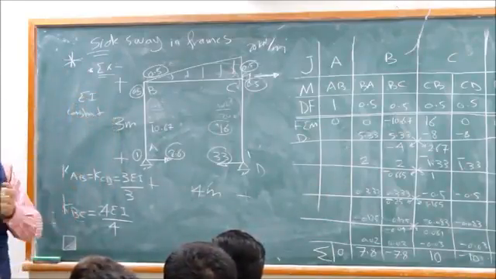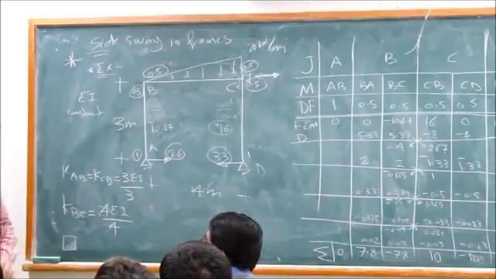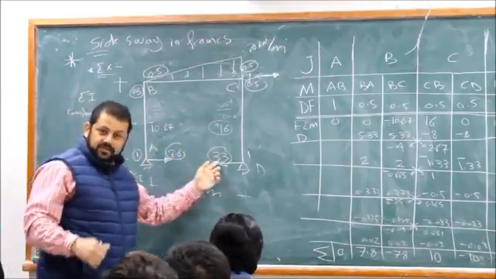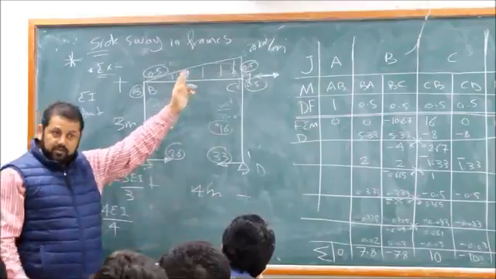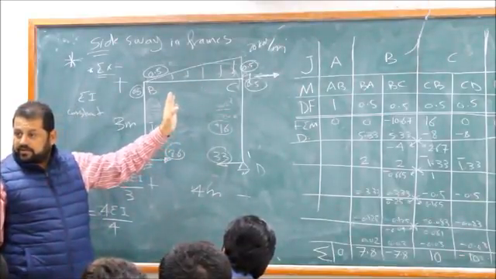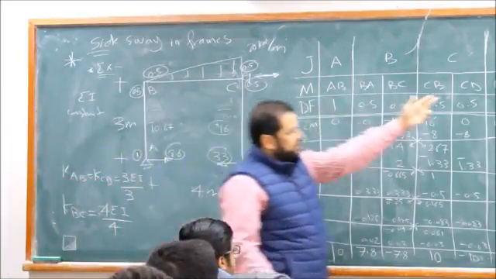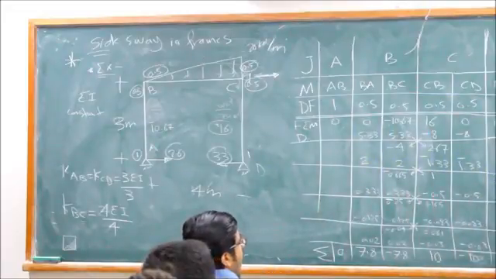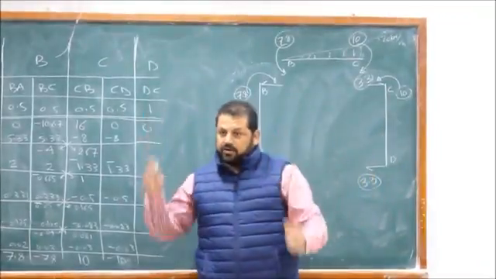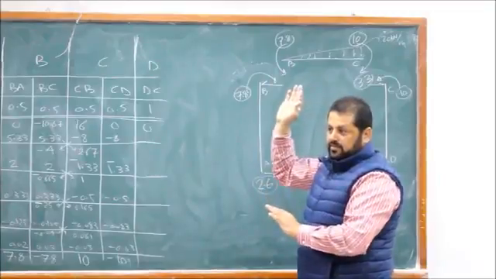When we have a sway, how do we get the equation? Sum of the shears equals 0. In this case, you can do it in the slope deflection. If you have a problem like this, with sway, VA plus VD equals 0. VA and VD you relate to the moments, and then you have one more equation between the moment here and the moment here. So that was in the slope deflection.